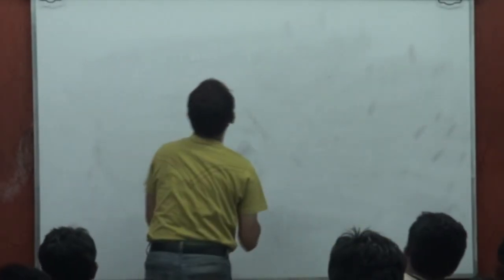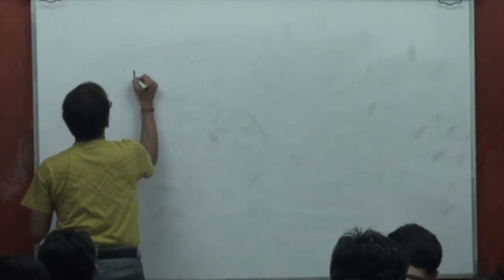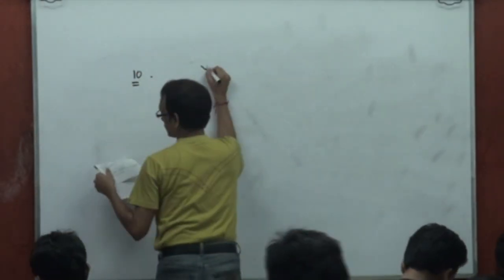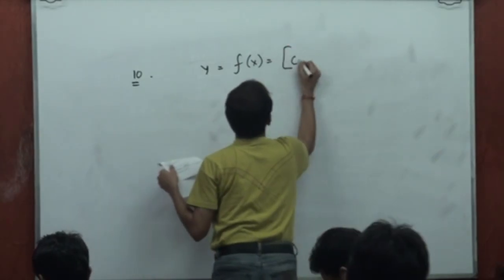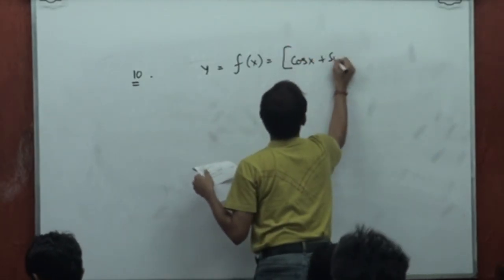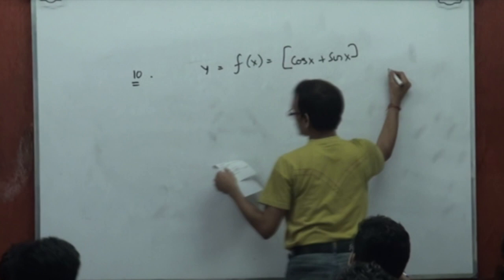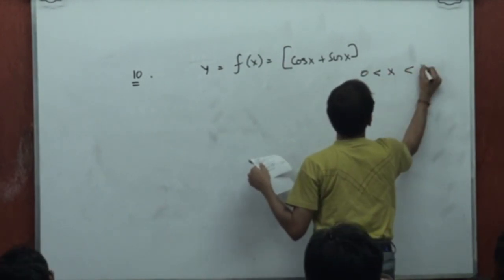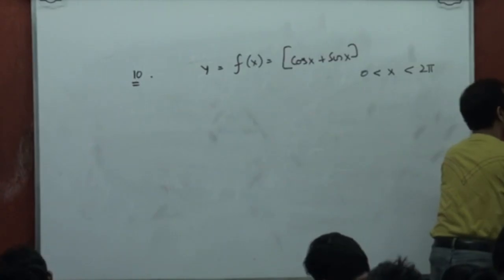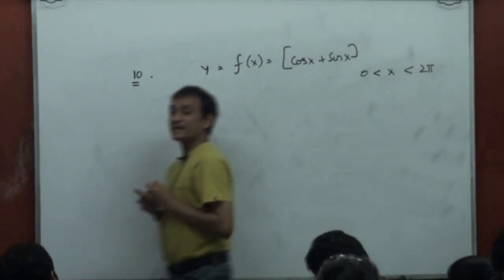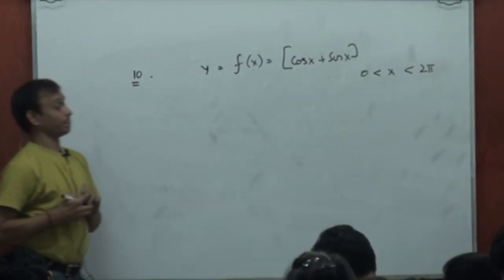Let me just explain in this context. Problem 10. x greater than 0, less than 2 pi.